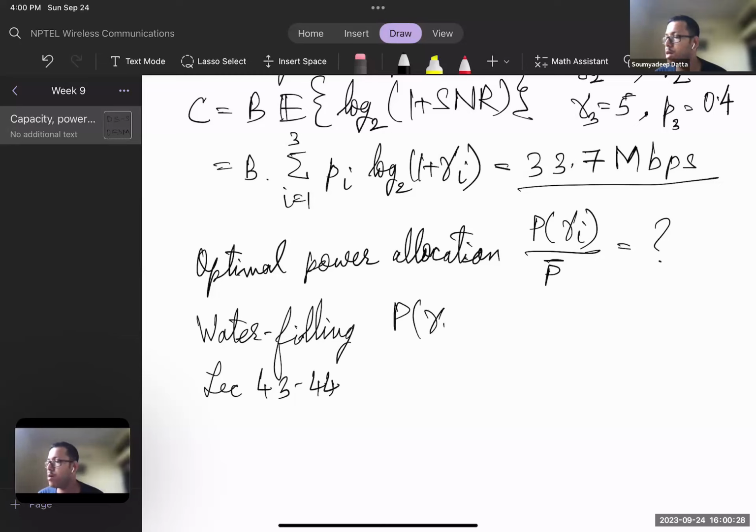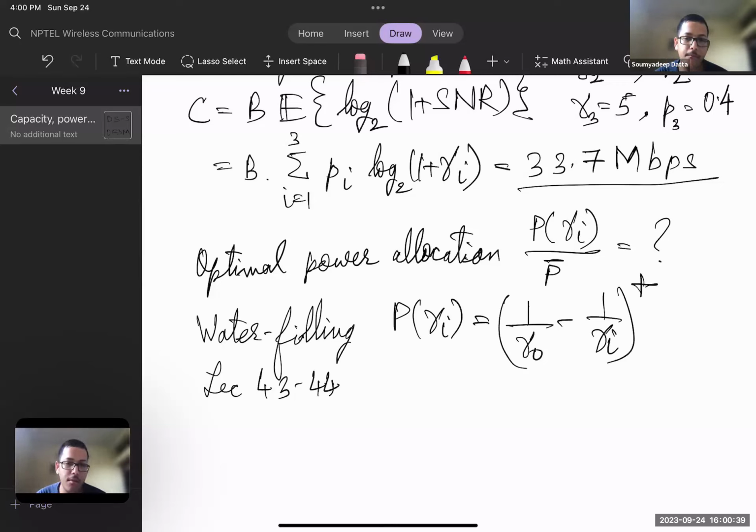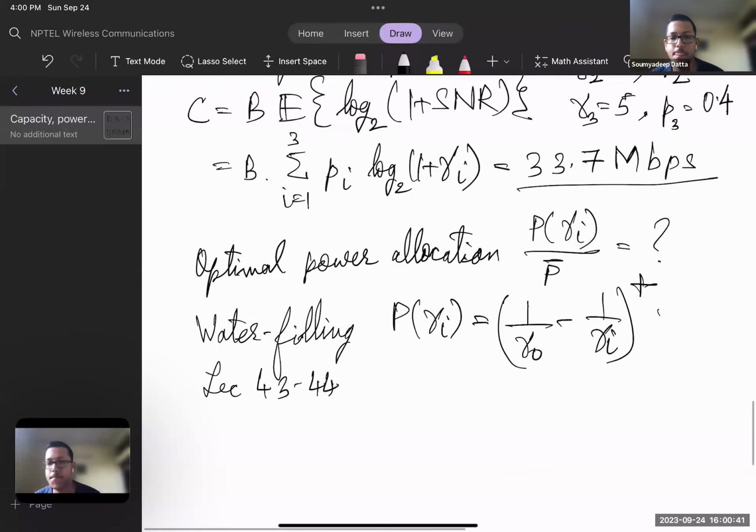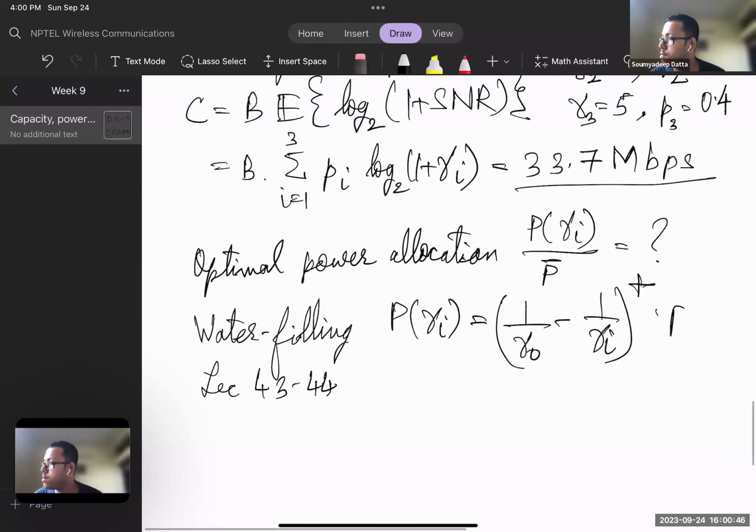So P of gamma_i is nothing but 1 by gamma naught minus 1 by gamma_i, plus, times the transmit power. This is the formula, and the plus denotes the max of this quantity and 0. You cannot have a negative power allocation.